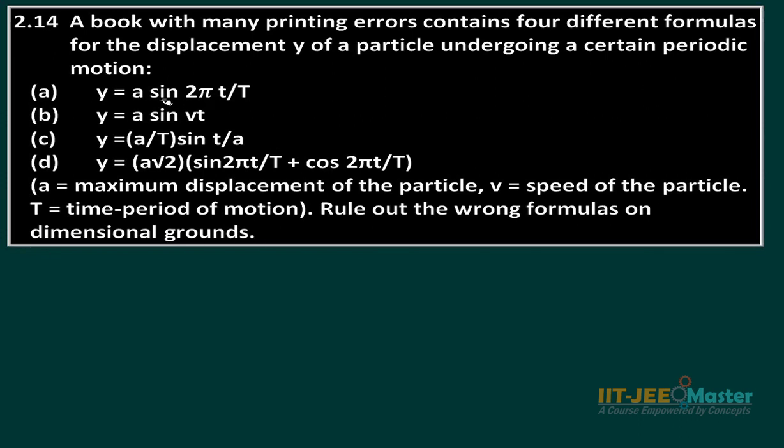If you see on dimensional grounds, y is the displacement, a is also displacement, but sine 2 pi t by T must also be examined. Sine 2 pi t by T is dimensionless.